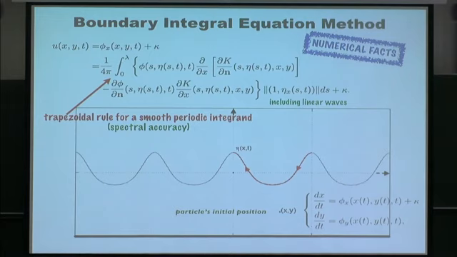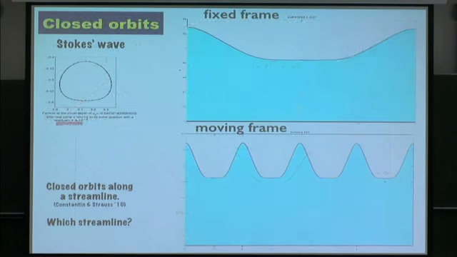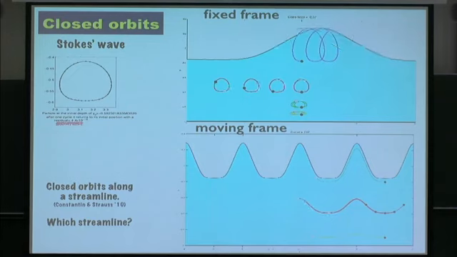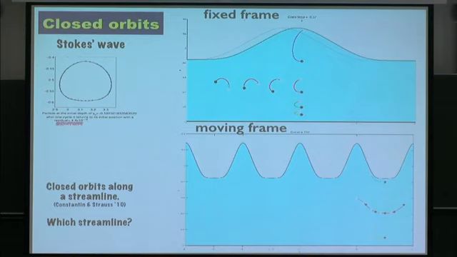Okay, so this is for the irrotational case, and here we are. This is in a fixed frame, laboratory frame. This is in a moving frame. Here is the closed orbit up to 10 to the minus 16. So there's no drift. We see drift where you're supposed to see drift. It's very nice to see that these points are along a streamline, as mentioned in the paper by Constantin and Strauss.